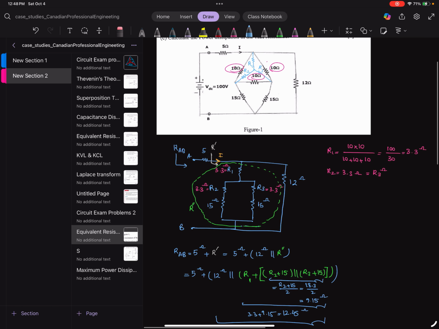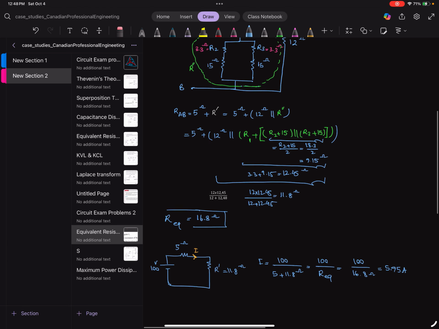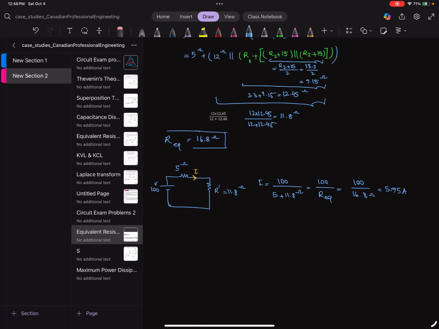Now it gets interesting because in order to find the power dissipated in 12 ohm, P at 12 ohm, we need to say 1 over 2 R I of 12 ohm squared. So 1 over 2 multiplied by 12 I of 12 ohm squared. So we need to find I of 12 ohm, right?